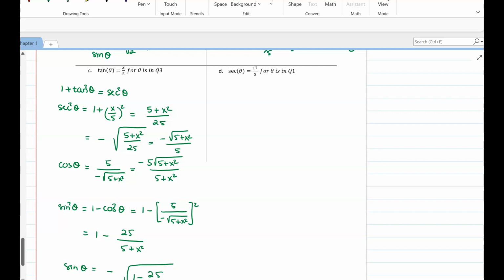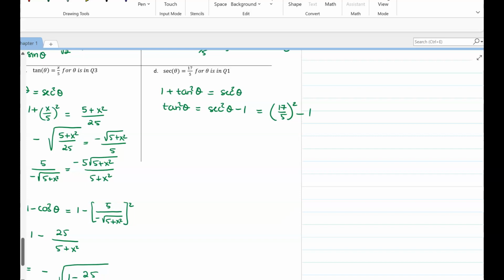Now, if we're given secant of theta equals 17 over 5 for theta in quadrant 1, again, I can use the Pythagorean identity. 1 plus tangent squared of theta equals secant squared of theta, which means tangent squared of theta equals secant squared of theta minus 1, equal to 17 over 5 squared minus 1. 17 over 5 squared, that is 289 over 25 minus 1, equal 264 over 25.